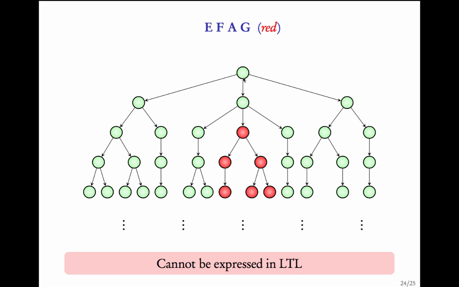You want to say that in the transition system there exists a path from which all possible continuations satisfy a certain property. This kind of a mix cannot be expressed using LTL. It needs CTL star. So this says that there exists a computation which reaches some state from which all possible extensions satisfy a certain property.